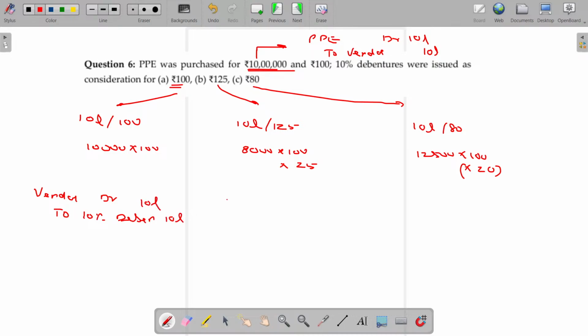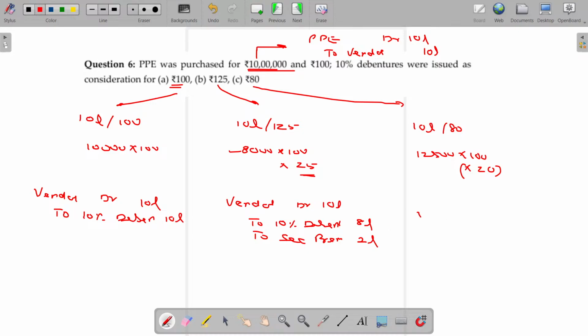Second scenario, the amount payable to the vendor being 10 lakhs, but the 10% debentures issued being only 8,000 into 100, 8 lakhs, and you get securities premium of 25 each into 8,000, 2 lakhs.